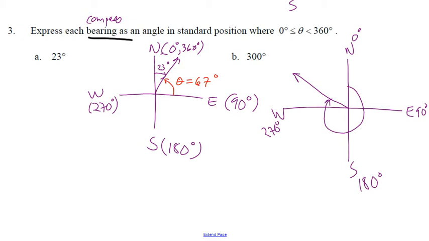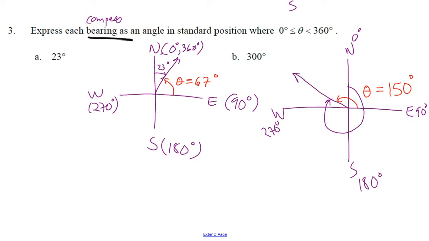As an angle in standard position, we start at the positive x-axis, so it's no longer northeast, southwest. This is the x-axis, this is the y-axis. We start here, we rotate there, and what do we get? 150. Yeah. Okay, all good?